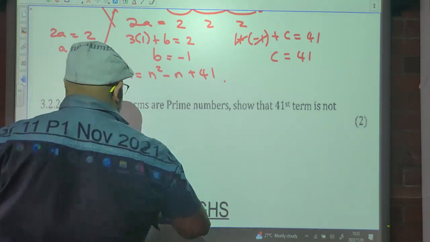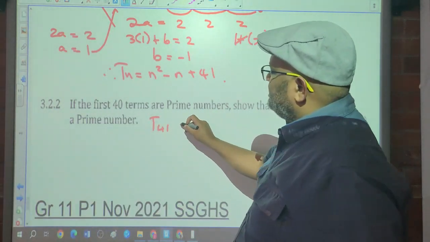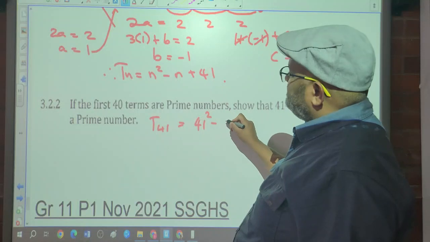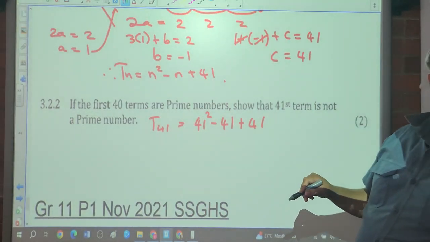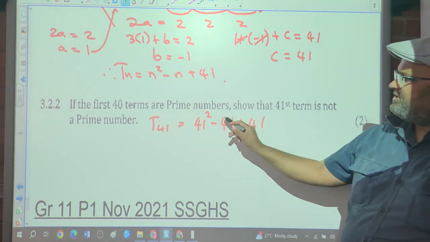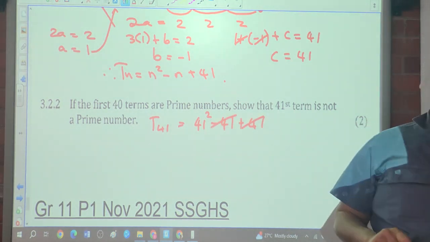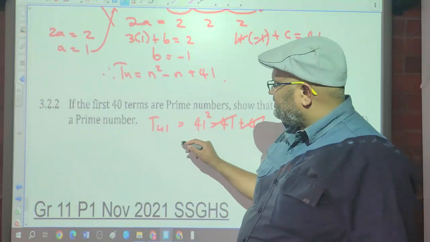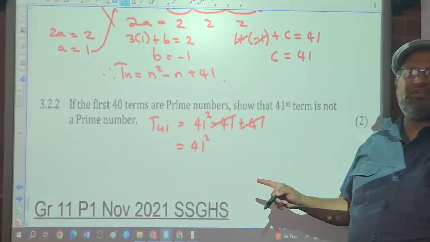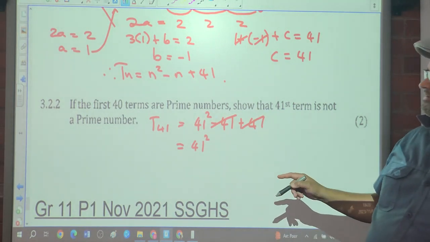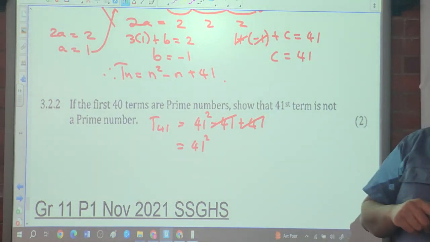So what I do is I say, okay, term 41, let's see what's happening in term 41. It's 41 squared minus 41 plus 41. Not so? So what happens here? It cancels. So now I got 41 squared. So what are the factors for 41? Just 1 and 41.